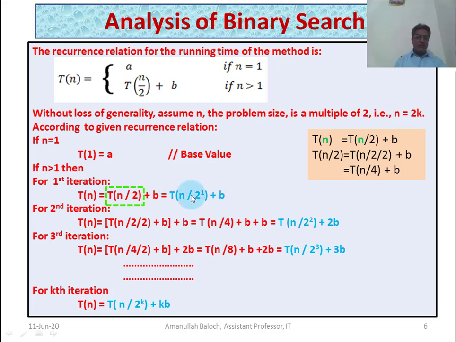Actually, we want to make a pattern of all the iterations; the result of all the iterations will be converted into a pattern form. So this blue color is the pattern of each iteration. So we will convert it into pattern form so that we can form the nth form or the kth form of some iteration.